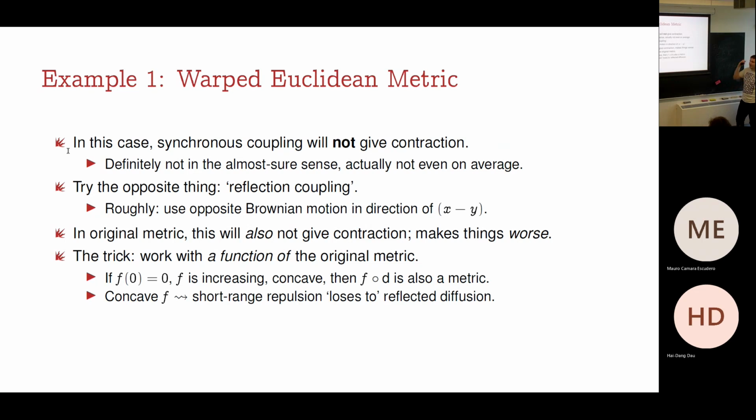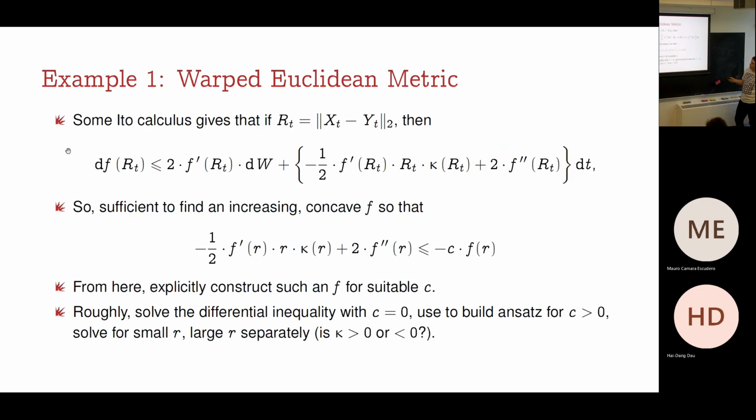So this is related to the comments I made at the start about reducing to a one-dimensional process. What we're essentially going to do is study the Euclidean distance between xt and yt, and show that it satisfies a stochastic differential inequality. I will omit the details, but if you've done a bit of stochastic calculus, or if you look it up on Wikipedia, you can more or less reproduce these calculations.